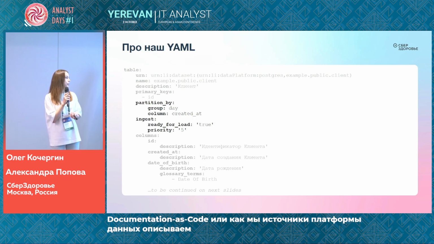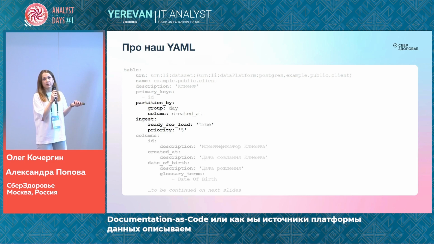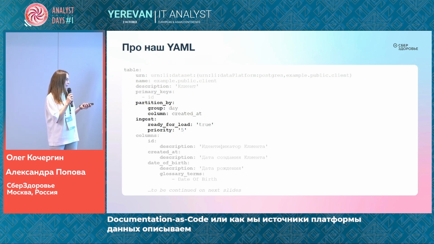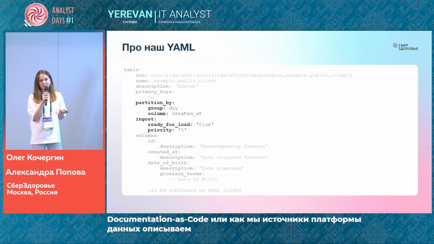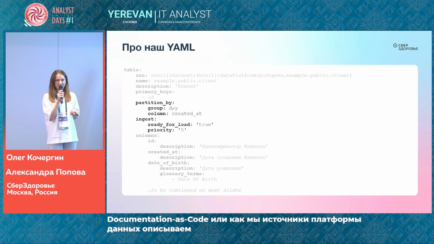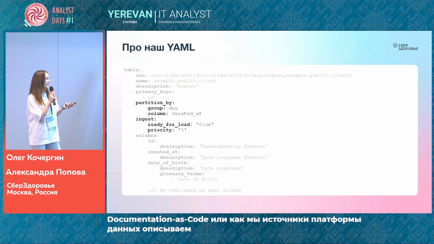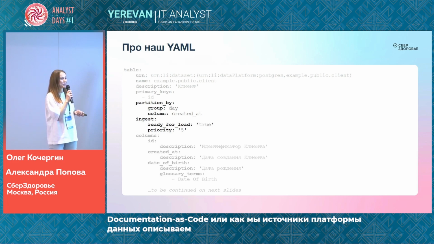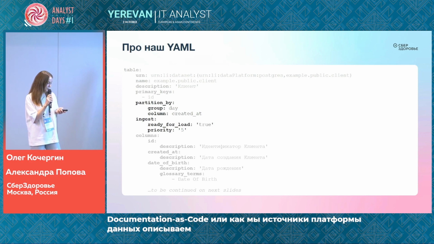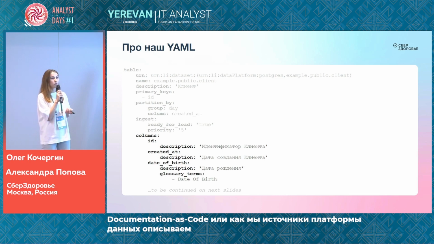And it means we can use it in our pipelines. If it's not marked ready for load, we will never load it, because this could be our risk after all. And then some of them have to be synchronized more often, some less often.